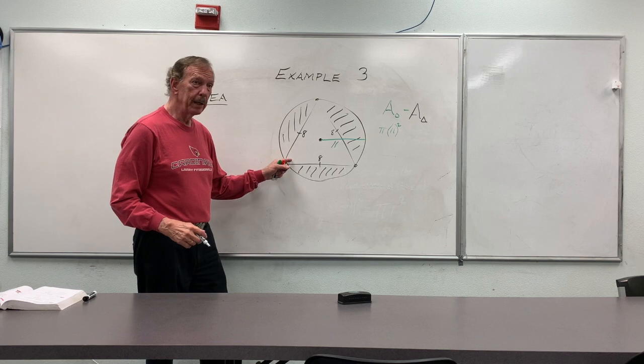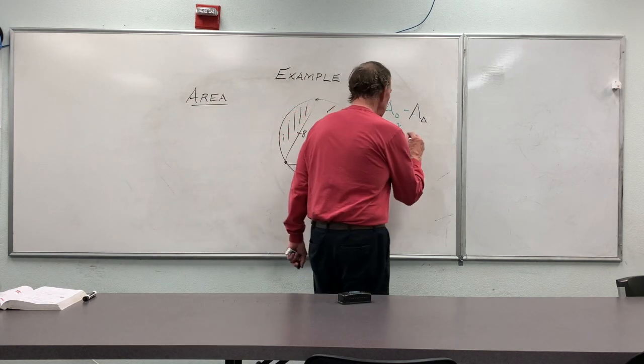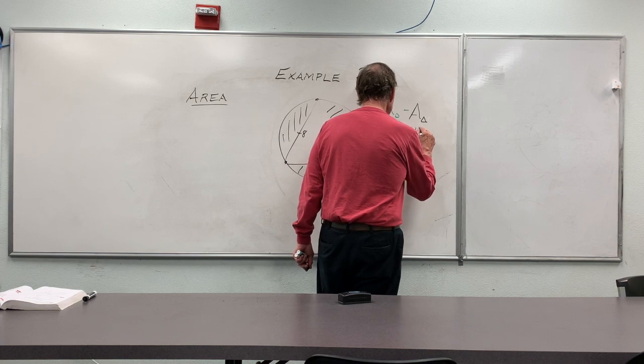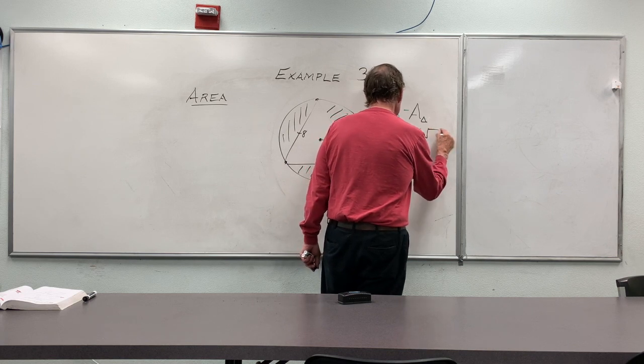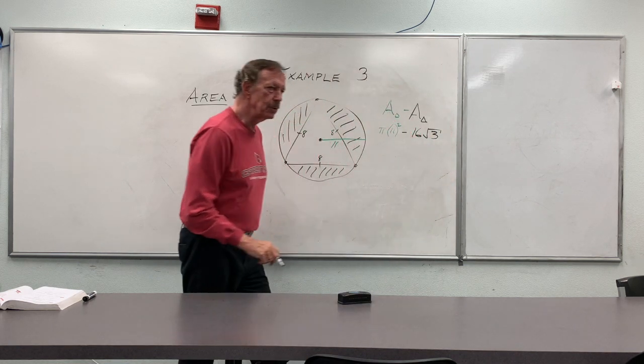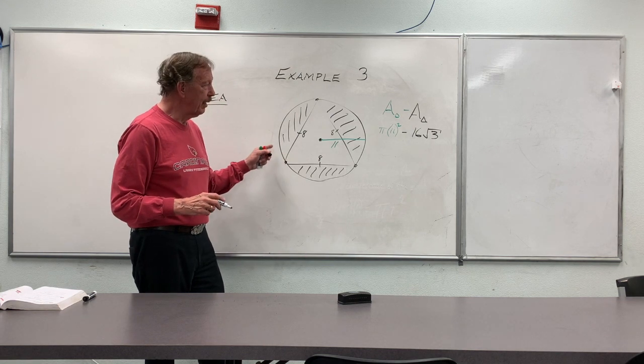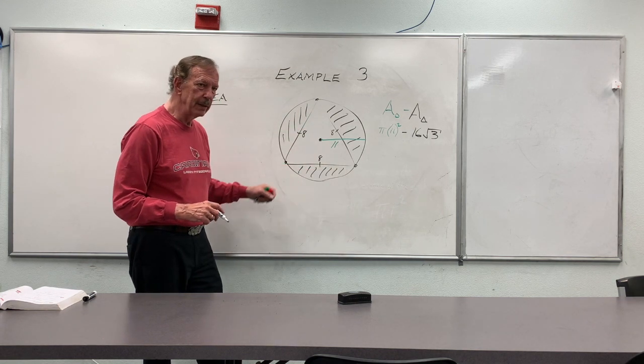The area of a triangle, an equilateral triangle with sides 8, if you remember, is 16 times radical 3. This gives us the area of the shaded portion in the picture.